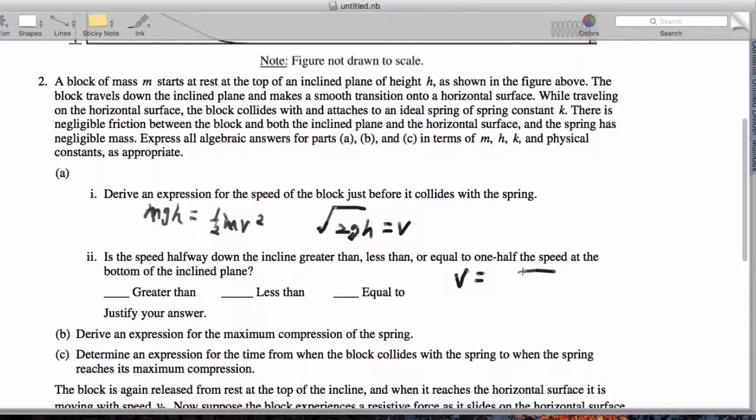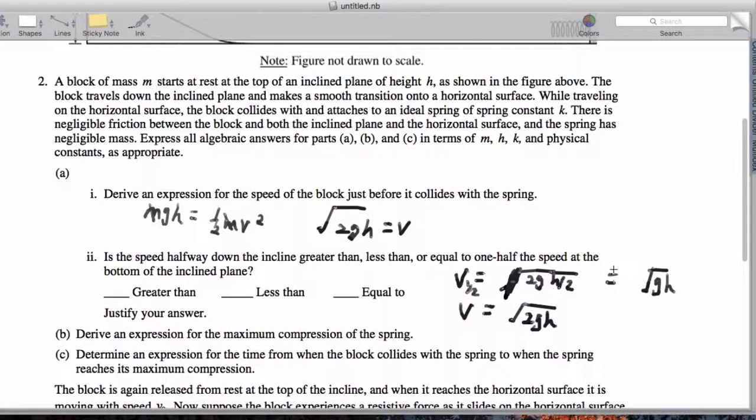V equals the square root, so v halfway down is going to be the square root of 2gh over 2, which is going to be the square root of gh, versus v at the total bottom, which is going to be the square root of 2gh.